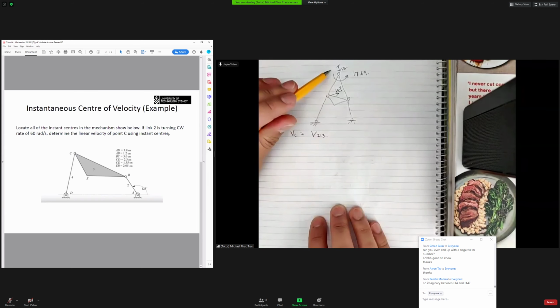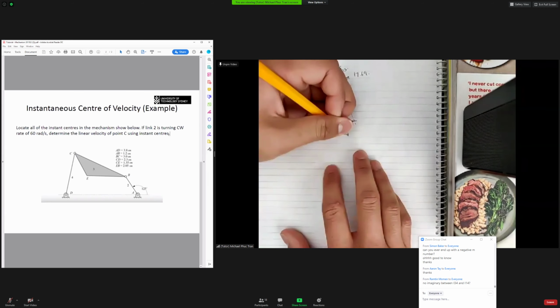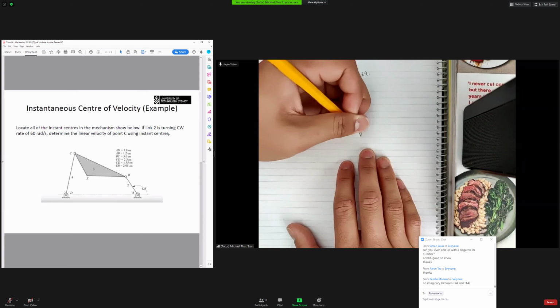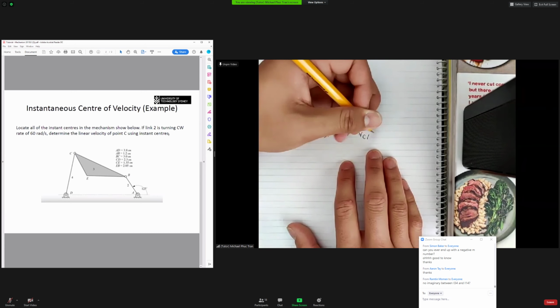So that's that plus the velocity of C in respects to I13.